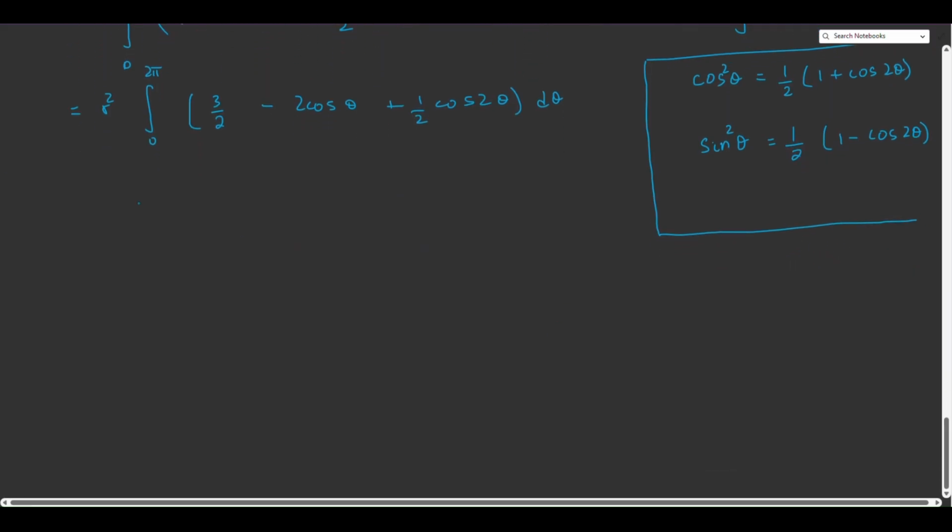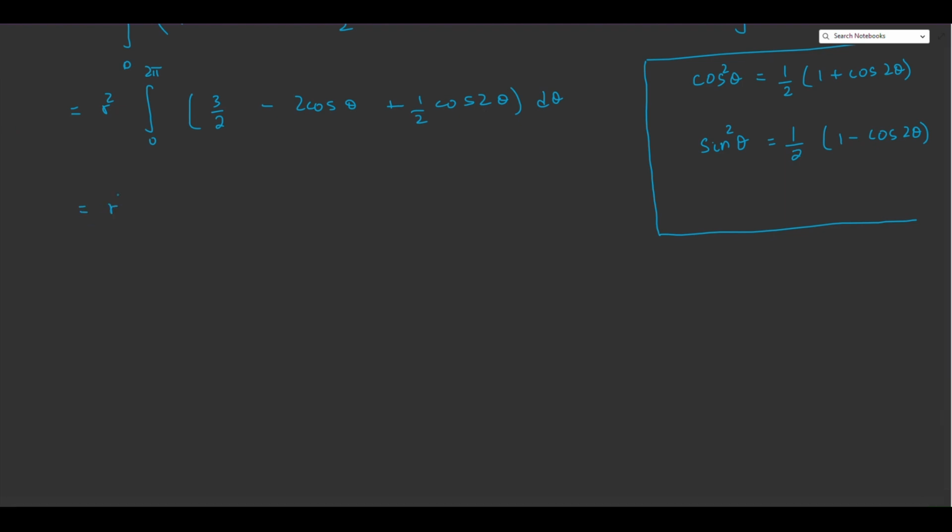So when we integrate them, we will get the following. It is equal to r squared, 3 by 2 theta minus 2, what is the integration of cosine theta?